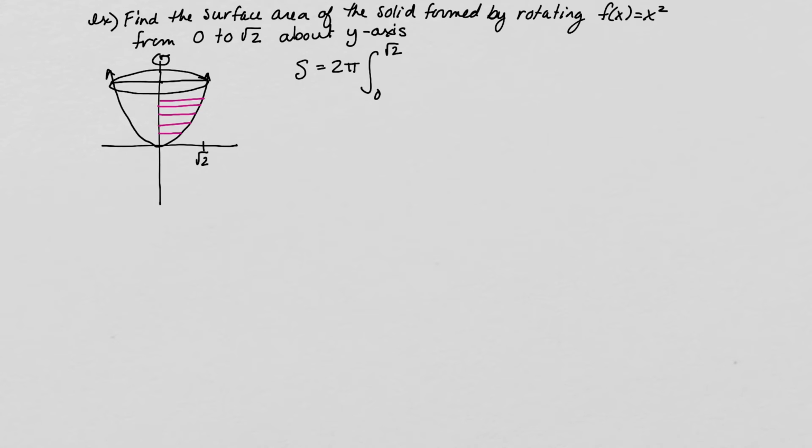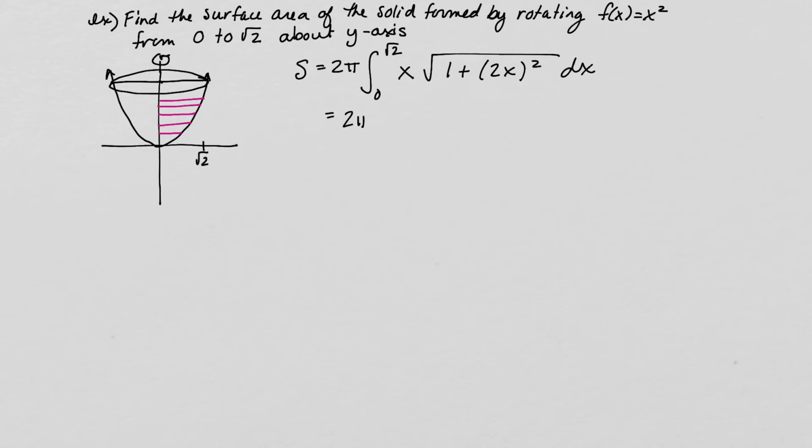Okay, so Sandra said that, yeah, my radii are all little parts of the x-axis, right? So the radius here is just x. It's saying I'm going out some distance x. So the radius is x, and then we have the square root of 1 plus, so what's the derivative of x squared? 2x, so 2x squared dx.